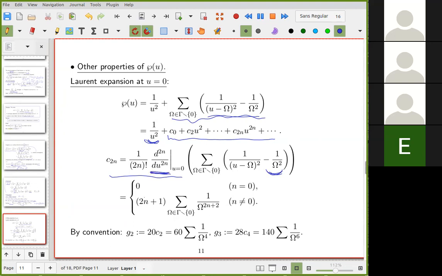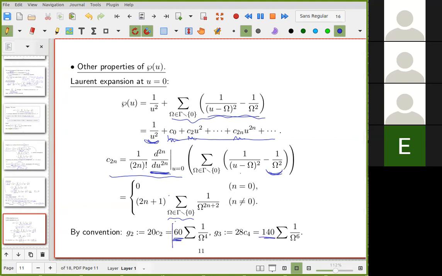And by computing this explicitly, we have a sum over lattice points of such terms with coefficients. So these series give the coefficients of this expansion.